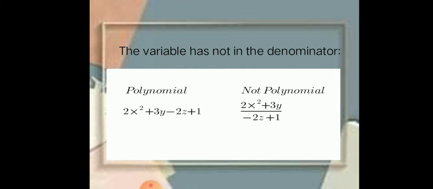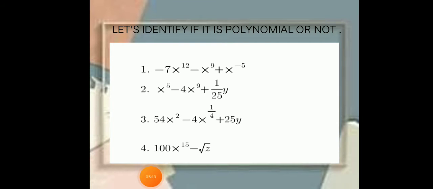So now, I will give you exercises. We will define if each is a polynomial or not. Let's identify if it is a polynomial or not. Number 1, negative 7x to the power of 12 minus x to the power of 9 plus x to the power of negative 5. Number 2, x to the power of 5 minus 4x to the power of 9 plus 1 over 25y.